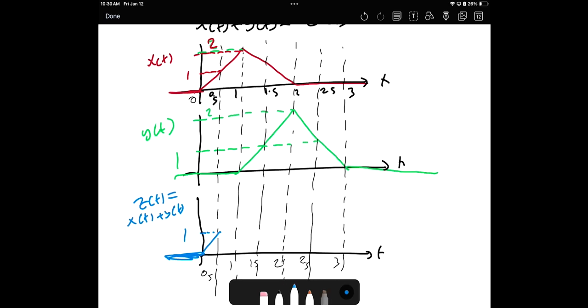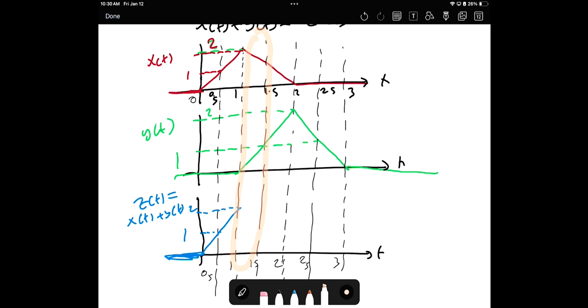Now do the other sum. Here, it's still growing, so it will reach 2, while the green, which is y of t, is 0. So it will keep growing until reaching 2. Then between 1 and 1.5, they have the same slope, one of them going down, one of them going up, so they will cancel each other.